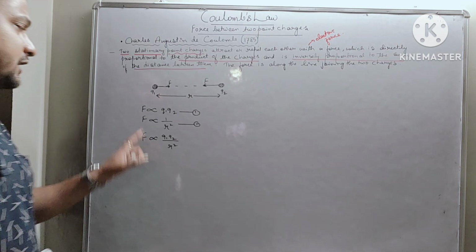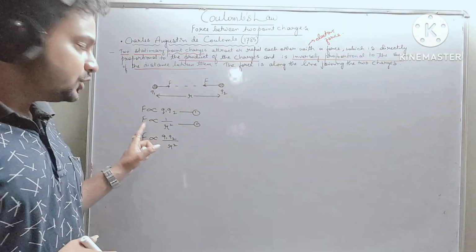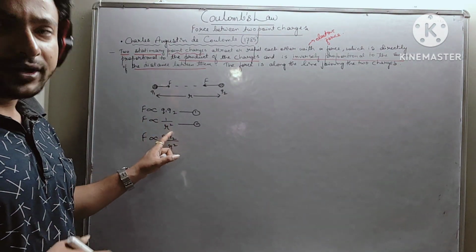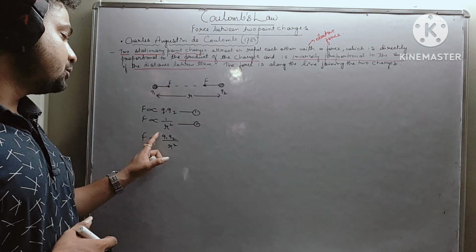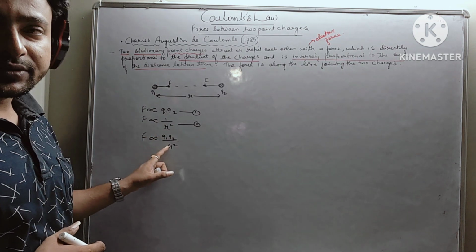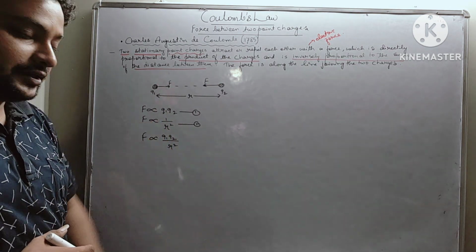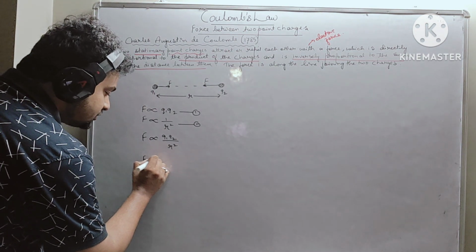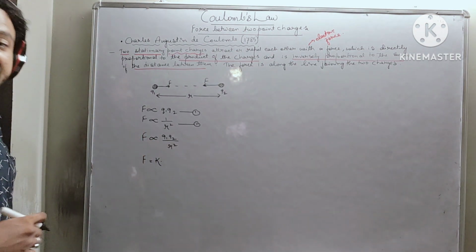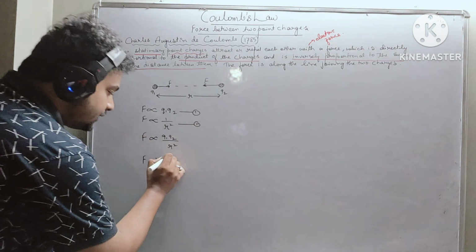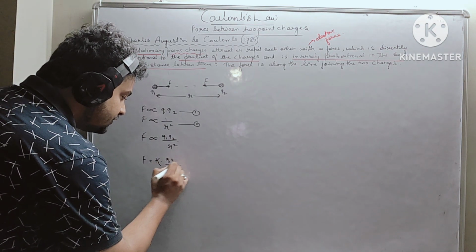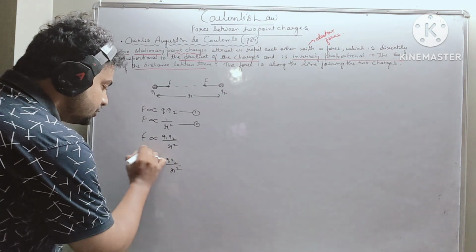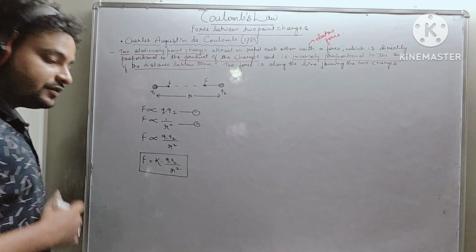If force is proportional to Q1 Q2, and proportional to 1 by R square, then of course force is proportional to the product, Q1 Q2 divided by R square. Now to remove the proportional sign, we can give a constant, suppose K. So F equals K Q1 Q2 divided by R square. This is the formula that was given by Coulomb.